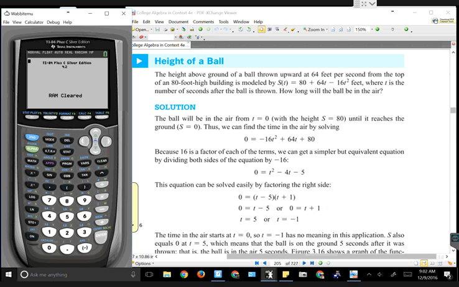No. Graph it. So, y is equal to negative 16x squared plus 64x plus 80. Is that my equation? Window.